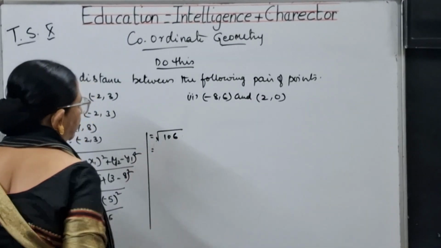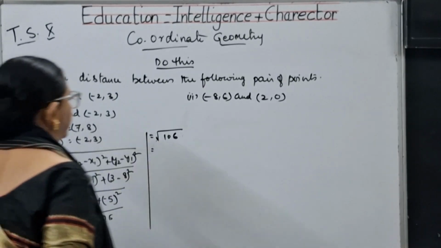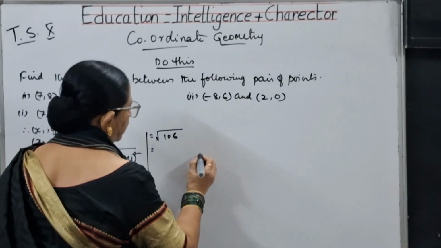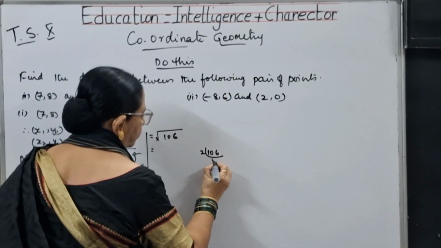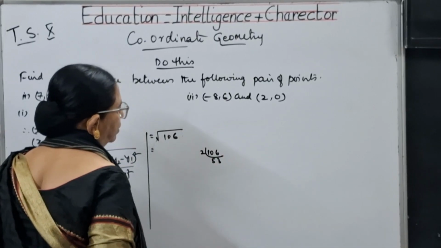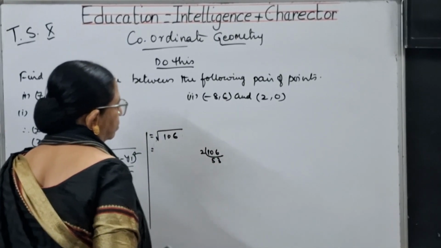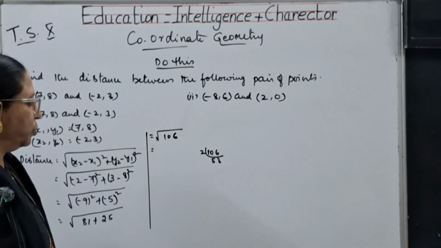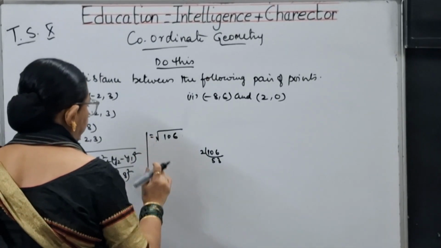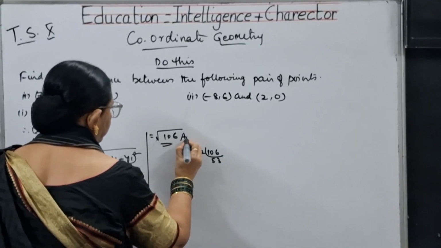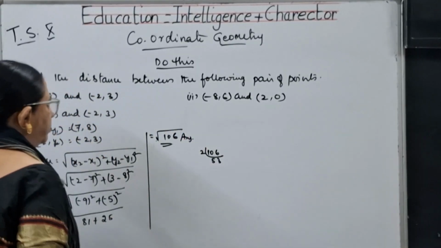So, what is the prime factorization of 106? When you take 106, 2 fives are 10, 2 threes are 6, 53 is also a prime number only. So we have to take it as root of 106 only. This itself is the answer for this problem, children.